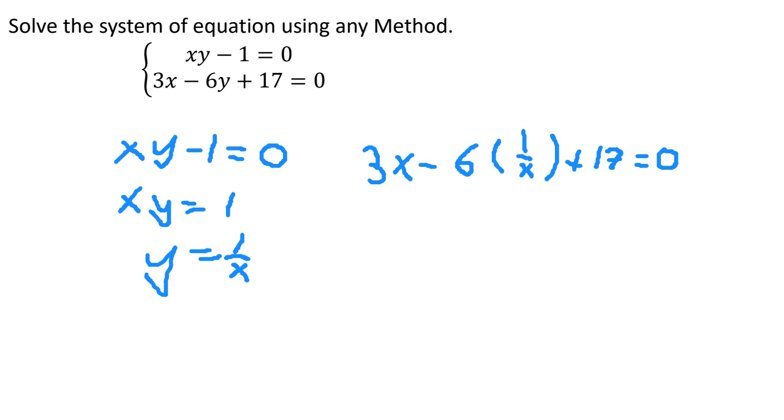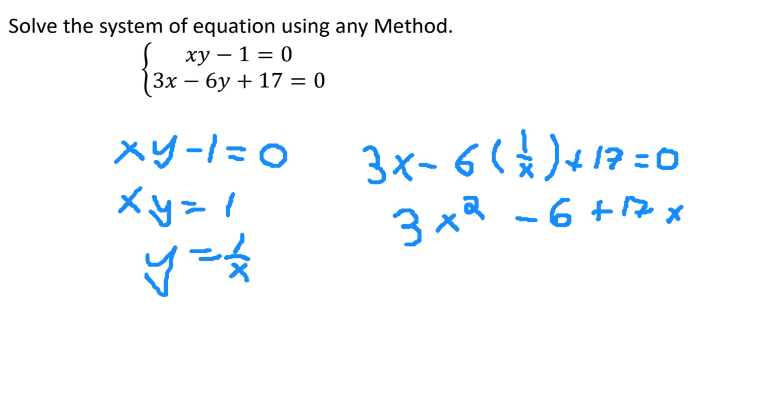So when I do that, x times 3x is 3x squared. The x times the 1 over x just gives me minus 6. And x times 17 is 17x, equals 0.